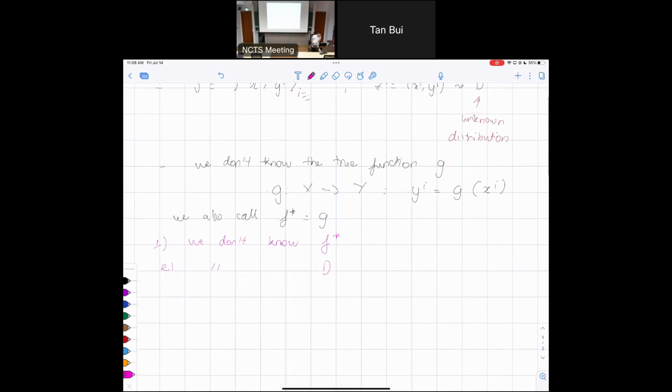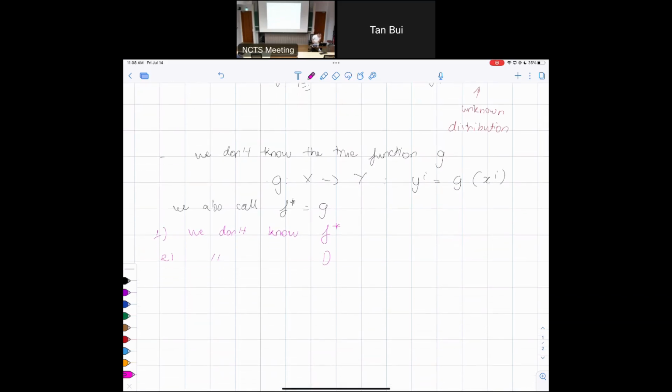Okay, so we're going to define the risk. So, definitions. We're going to define the risk R_H as the risk associated with a learner.